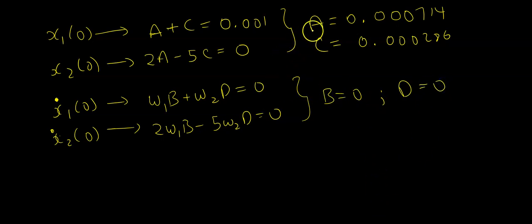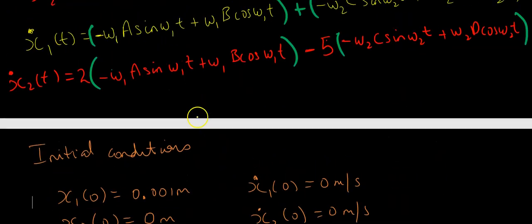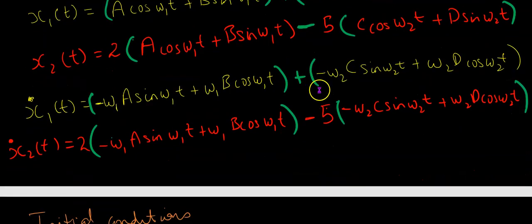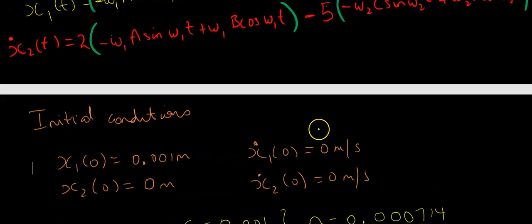It means that you only have a value for a and you only have a value for c, right? Both b and d are equal to 0 for this expression to be true. So I only have a value for a and I only have a value for c.